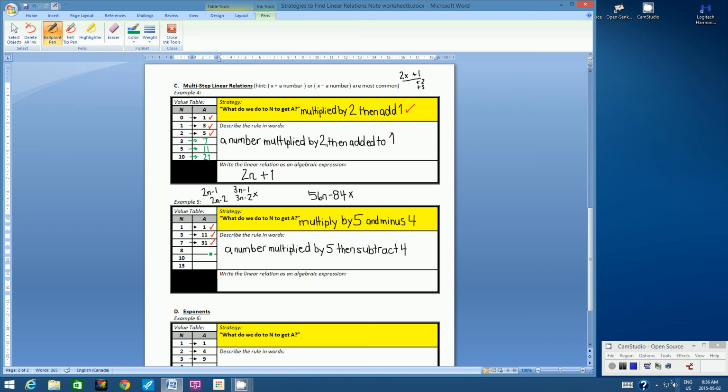Okay, so now I want you to complete the value table. Here, a calculator might help.